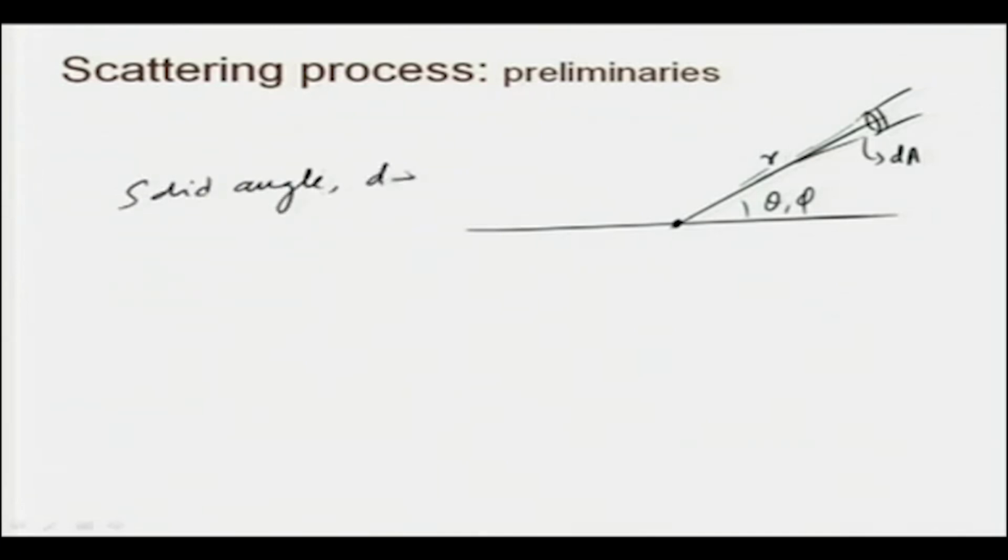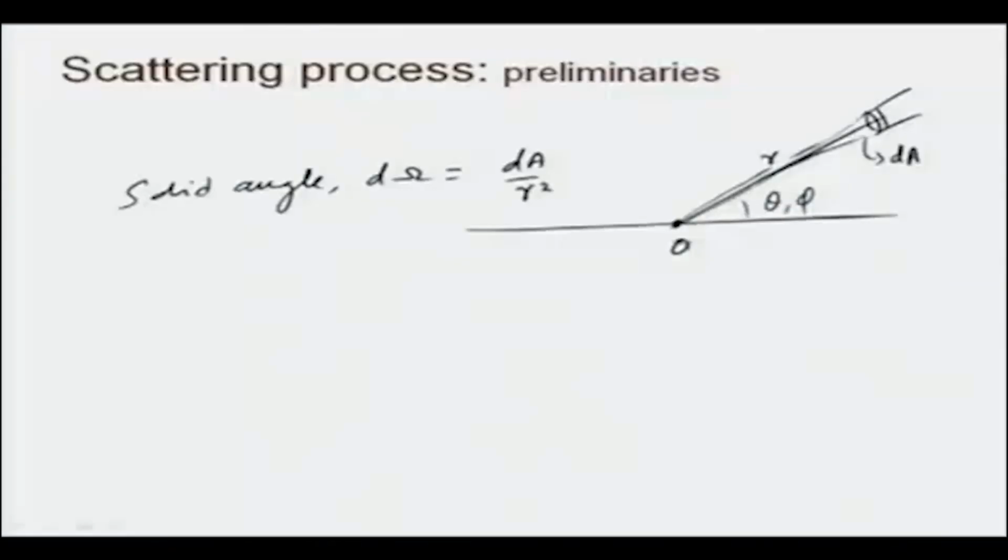Let us denote it by d omega, which is defined as dA divided by r square. It is like this: you take the section of the sphere, approximate the area dA as part of a sphere with center O, the scattering point, and radius r.